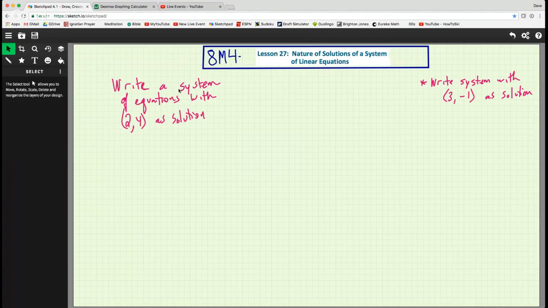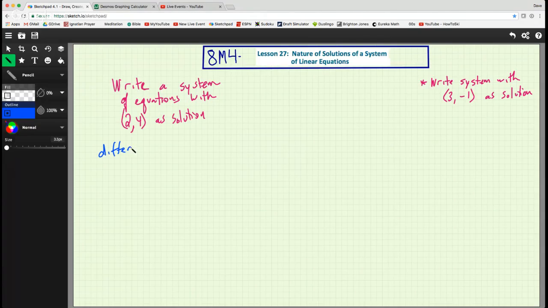So how can we do this? Well, we're just going to create 2 equations randomly. And again, there are lots of different answers to this problem. But the first thing we have to know is that if it has exactly one solution, the first key requirement is that we have different slopes.